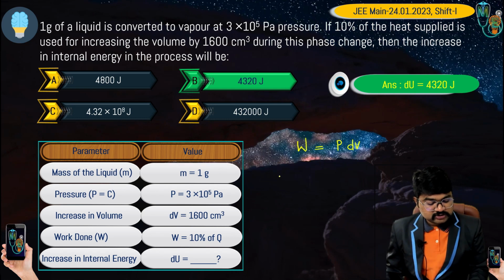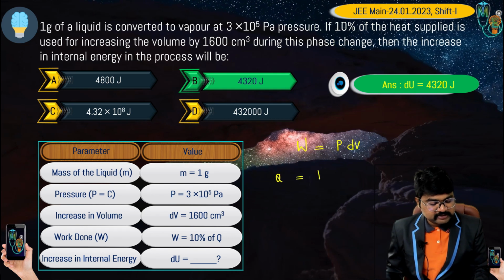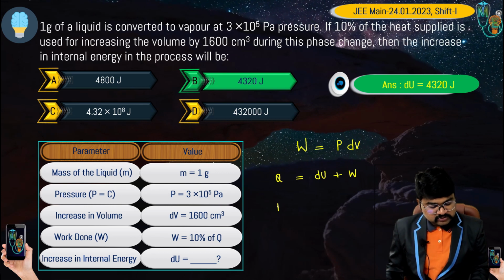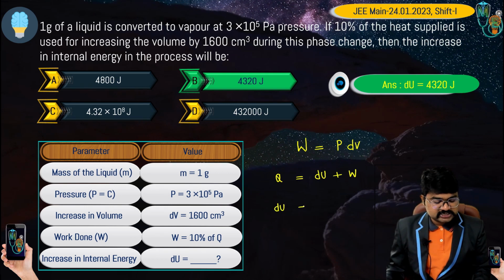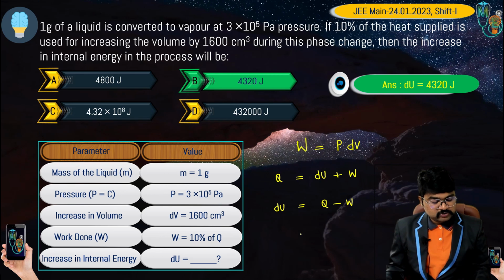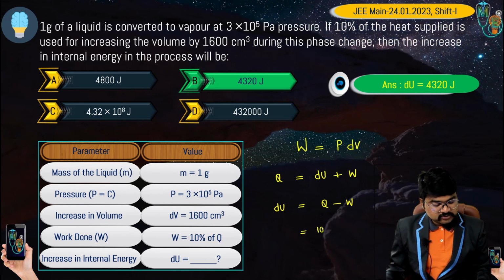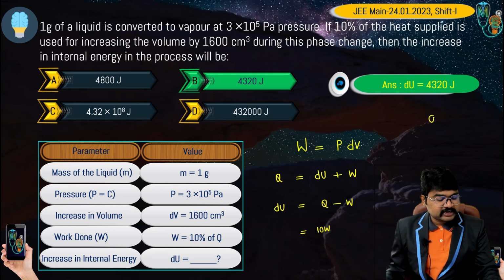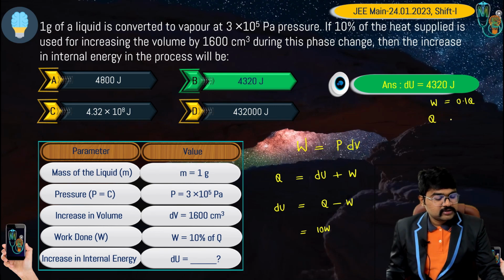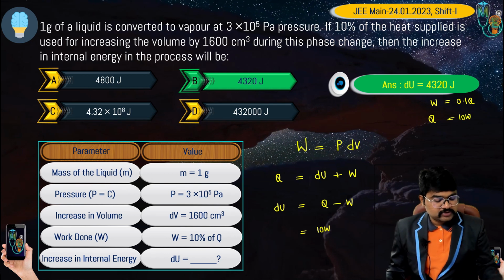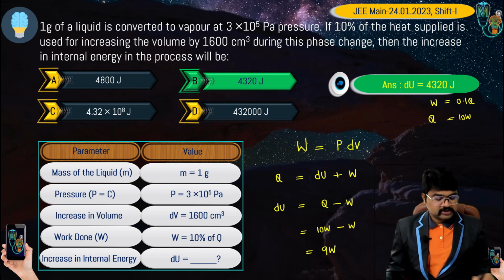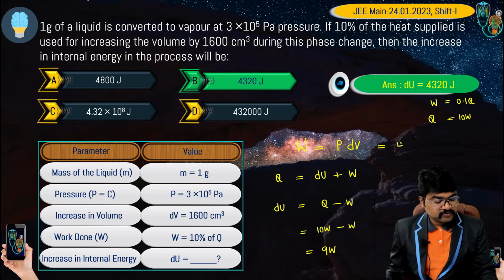And one more thing, Q equal to first law of thermodynamics, dU plus W. So dU, change in internal energy, equal to Q minus W. Q is nothing but 10 W. W equal to 0.1 Q, Q equal to 10 W. 10 W minus W, straight away 9 W. What is W here? 480 joules.